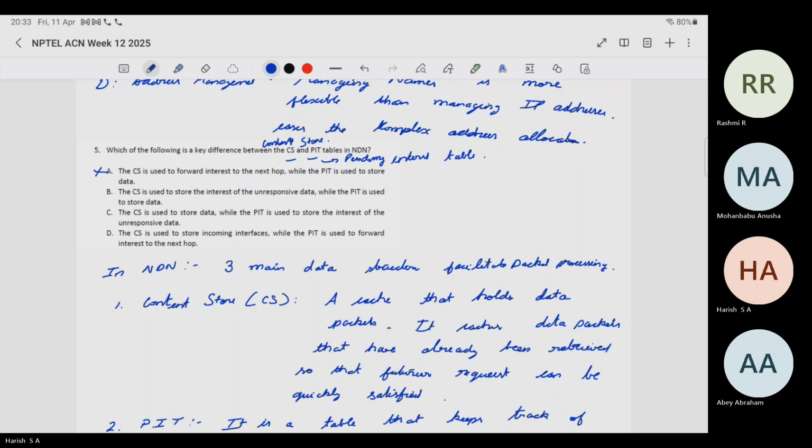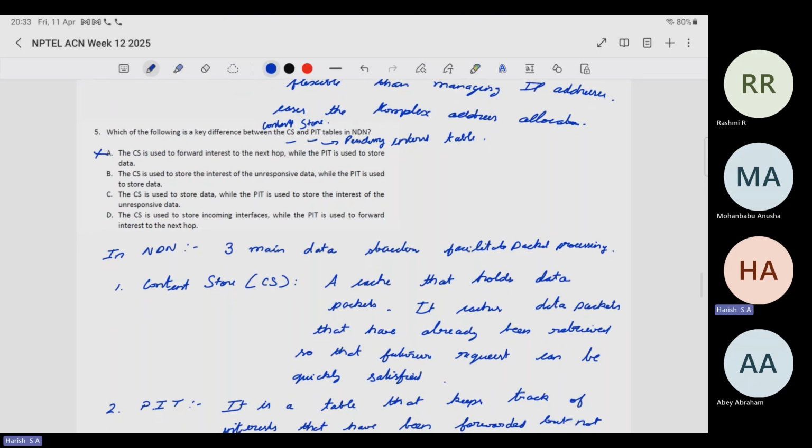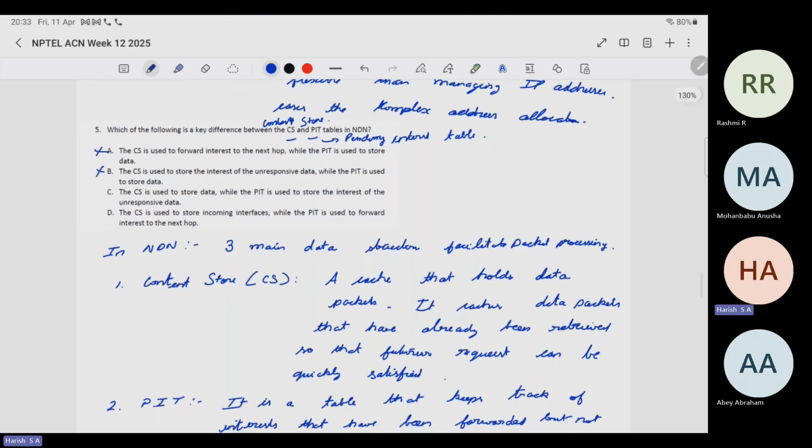Again, the PIT is not used to store data, so this is wrong. C, the CS is used to store data, while the PIT is used to store the interest of the unresponsive data, which is pretty much correct as per our study so far.